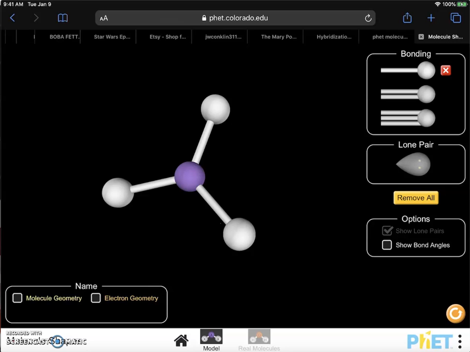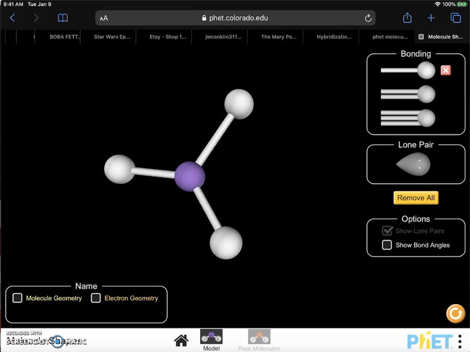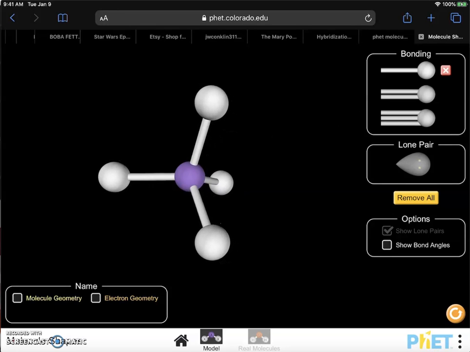So these two electron domains are as far away from each other as possible, but when you add a third one, they will move even more to ensure that all three of those electron domains are as far away as possible, thus minimizing the repulsive force between them. And remember, all atoms want to reduce the repulsive force between them while maximizing attractive force. If I add another domain, you can see that the shape changes even more.